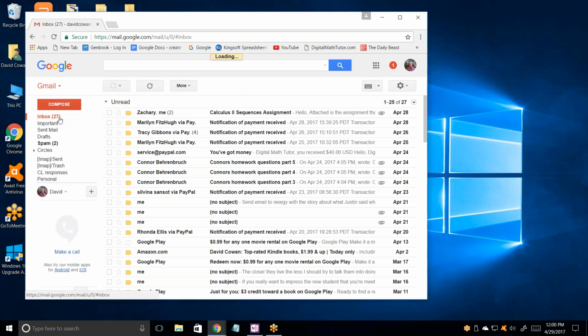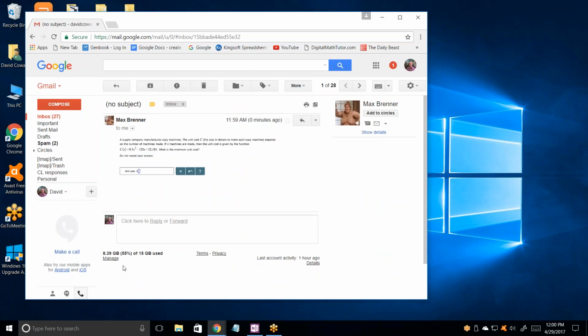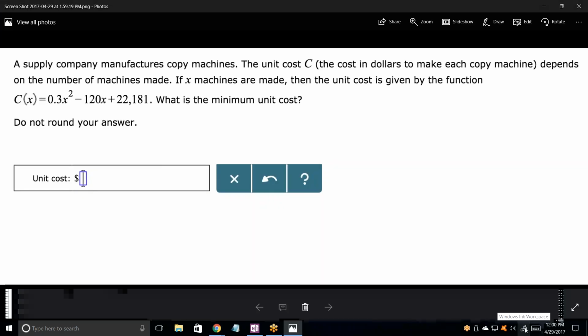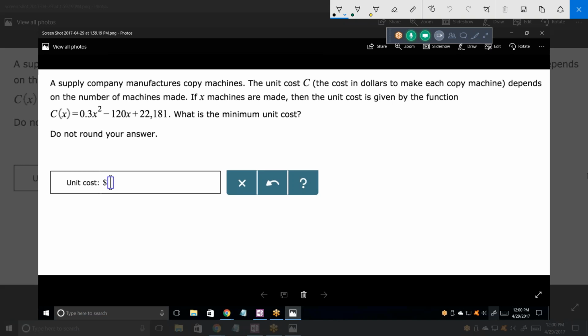I did not get your email. There it is. Actually, it's nice when you send me a screenshot because then I can immediately take a screenshot of it. It's filling up my whole screen and then I can write on it.